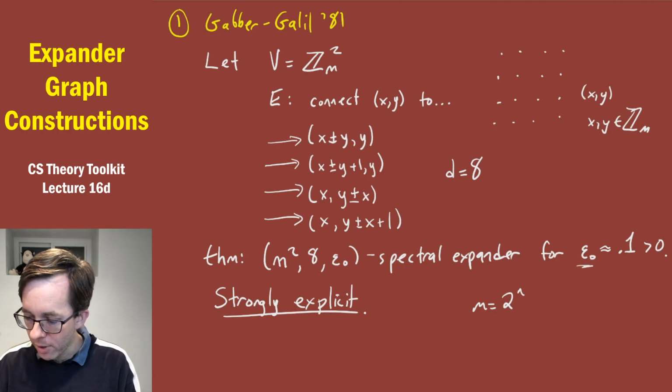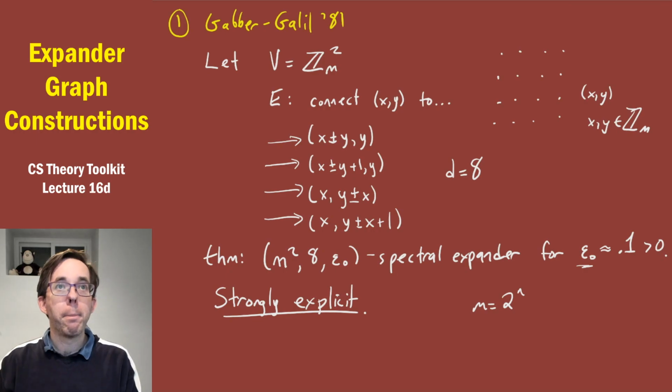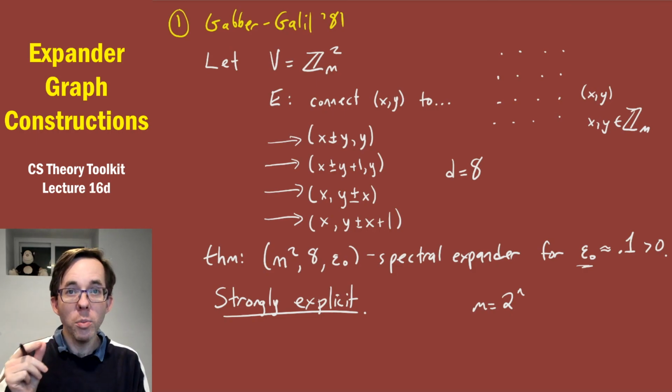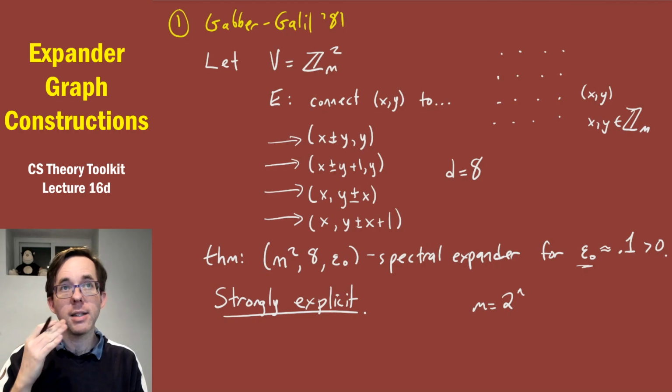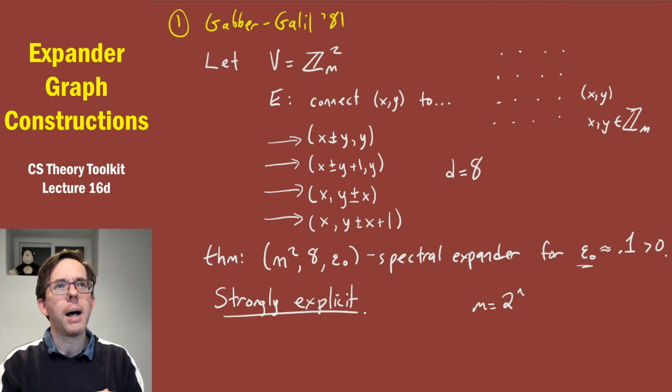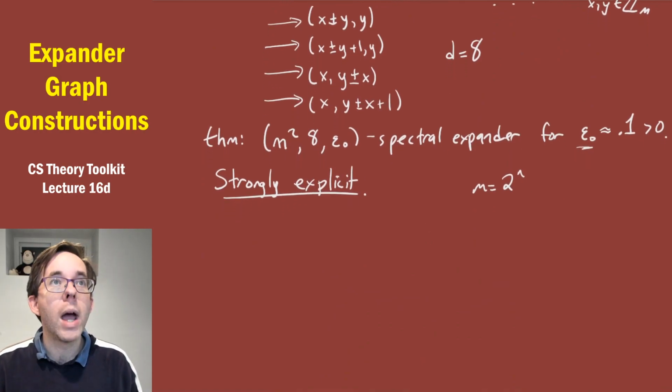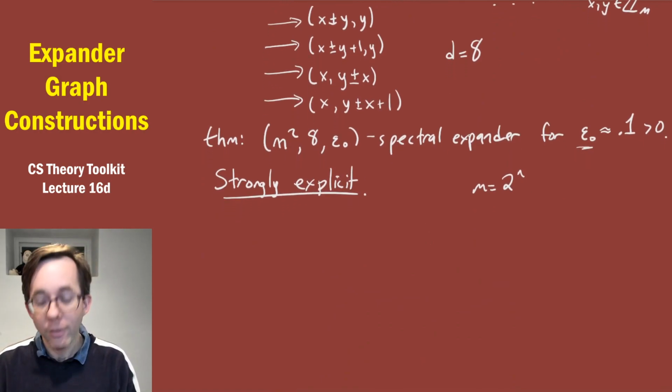Like here, epsilon 0 is 0.1, but for a random graph, the second smallest eigenvalue of the Laplacian is super close to 1. It's amazingly large.